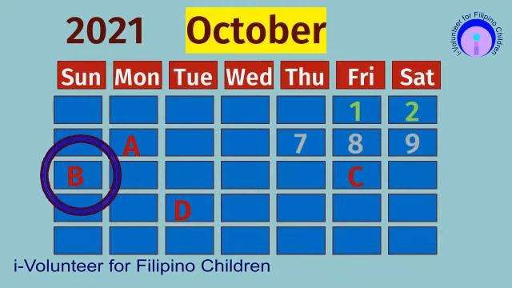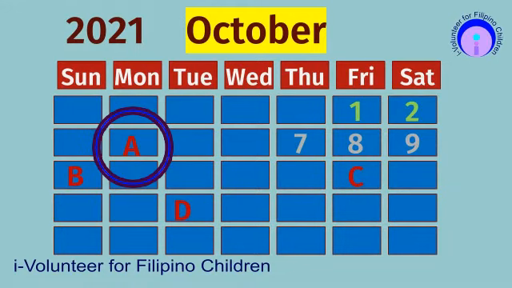Find the specific date of letter B. We will start with letter A. 4 plus 7 is equal to 11.